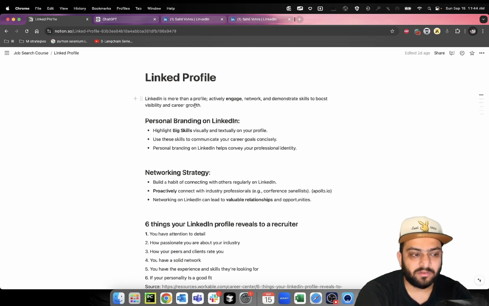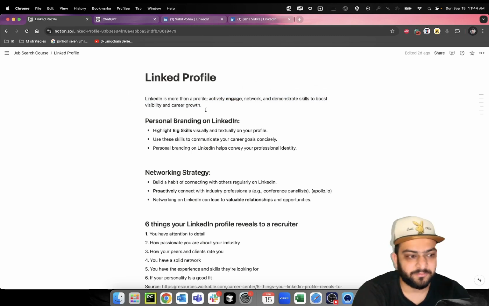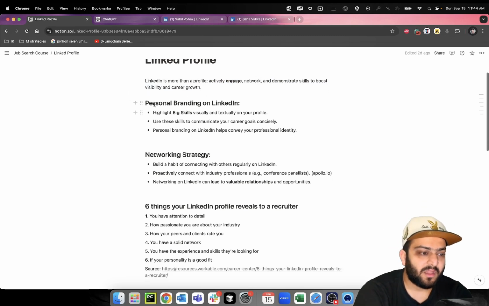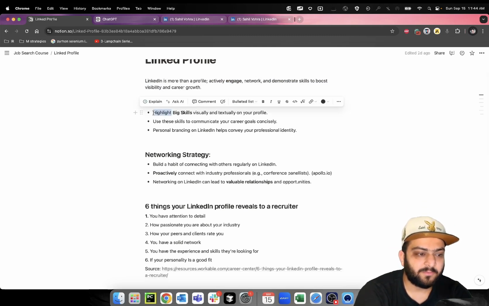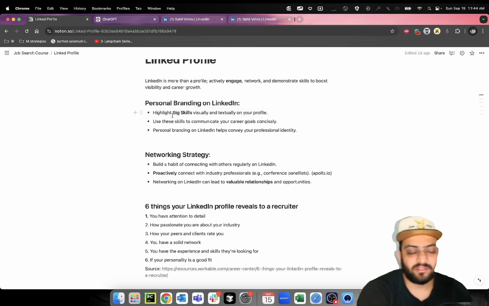So LinkedIn is more than a profile. Actively engage, network, and demonstrate your skills to boost visibility and career growth. Right, that's the case. Personal branding on LinkedIn: highlight big skills. These big skills are usually the ones that we found when we were discussing the resume, right?